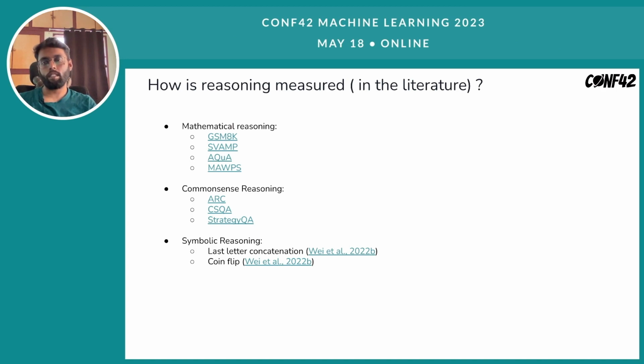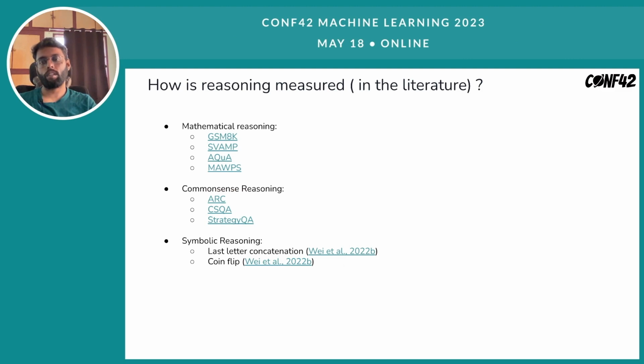Then we have CSQA, which is common sense question answering, and then we have StrategyQA from Allen AI. These datasets or benchmarks help in measuring the common sense ability of these models. To give an example, one of the questions could be, would Aristotle have used a keyboard? This could be a question in that dataset.